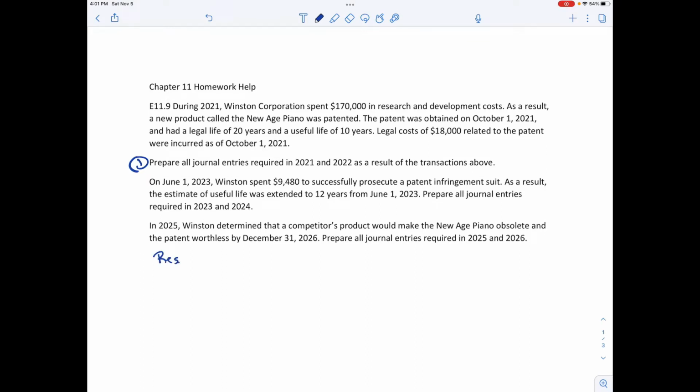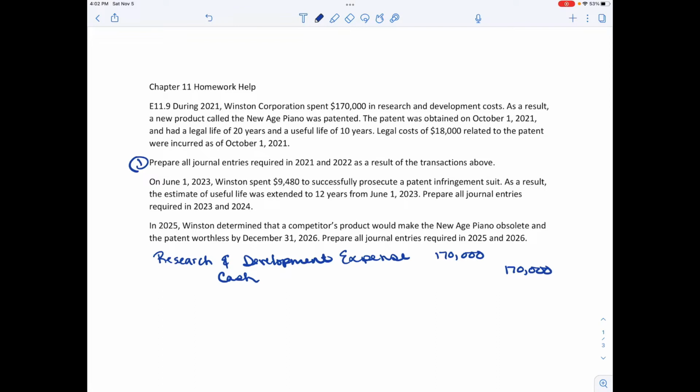We're going to record that research and development expense, and that's $170,000. And we just go ahead and credit our cash for that.